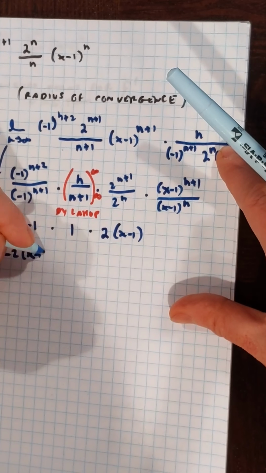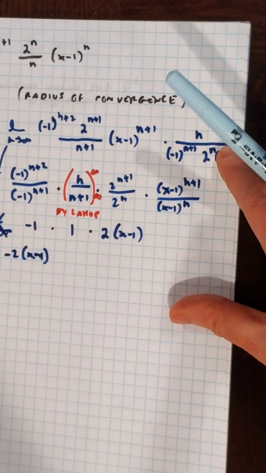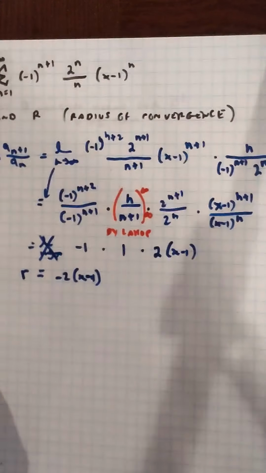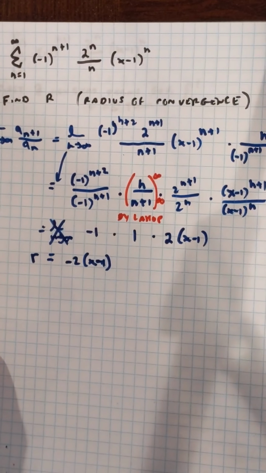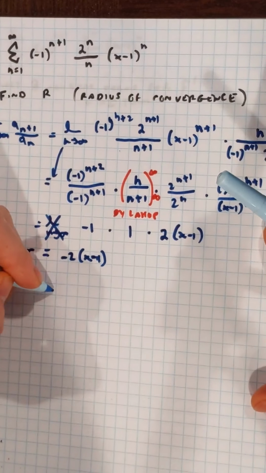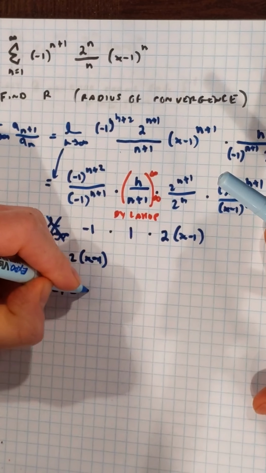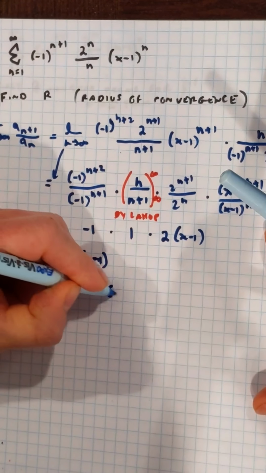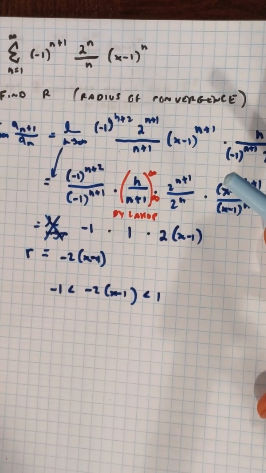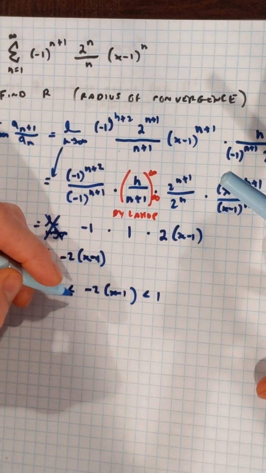Okay, now if it's going to converge, it has to be in between -1 and 1. Multiply both sides or divide by -2.